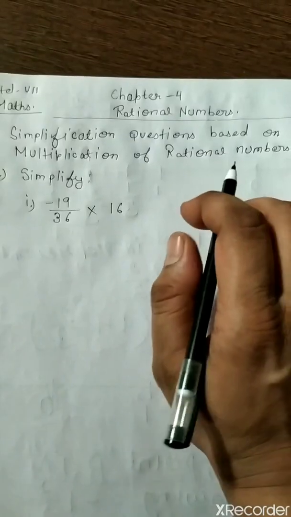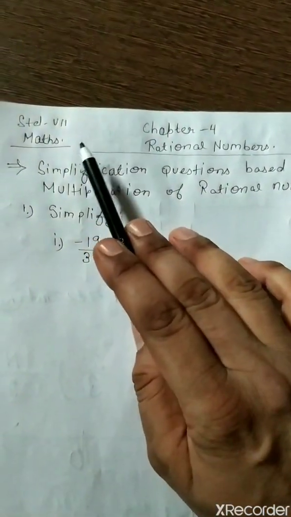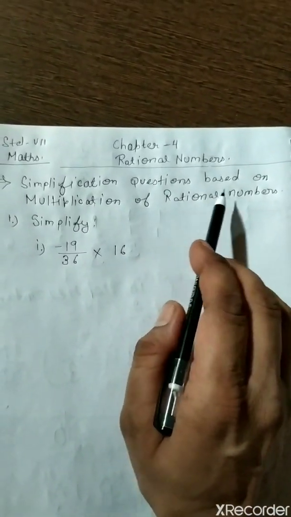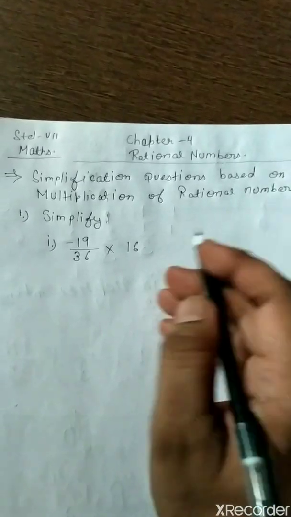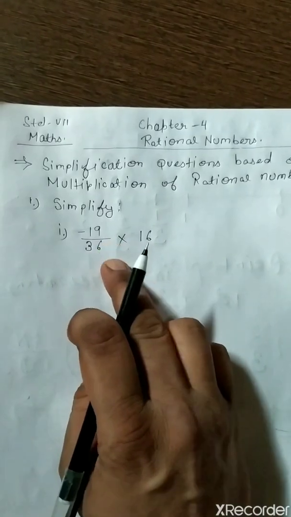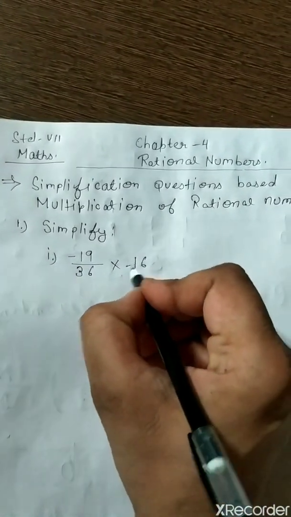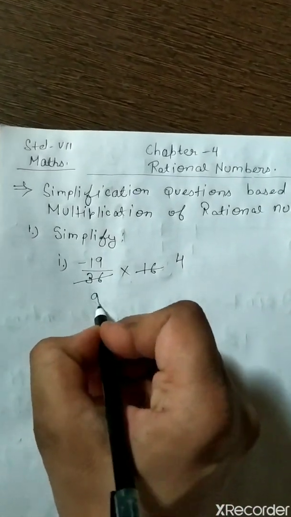It is chapter number 4, rational numbers, standard 7th mathematics, and today's topic is simplification questions based on multiplication of rational numbers. The first question is to simplify minus 19 by 36 into 16. You can divide here like this, 4 into 4 and 4 into 9 times.